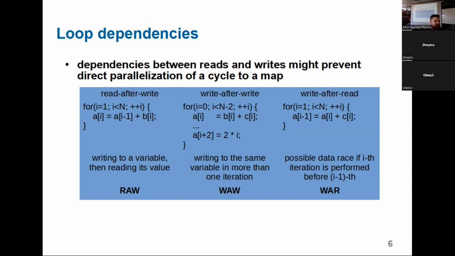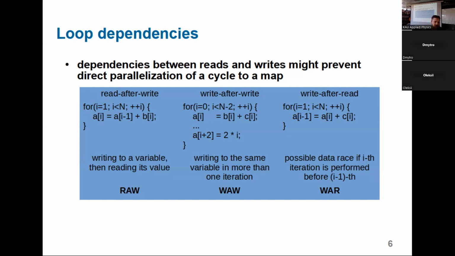First is read after write. I am writing to the variable at index i, and then reading that variable from the previous iteration. So in my iteration 1, I saved something in A1, and I'm using A0.